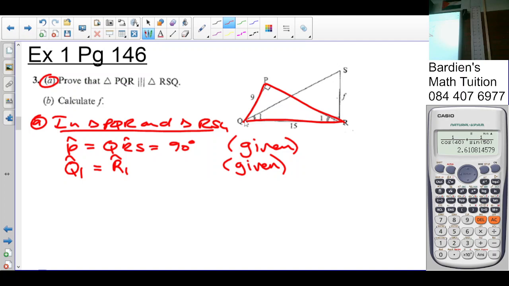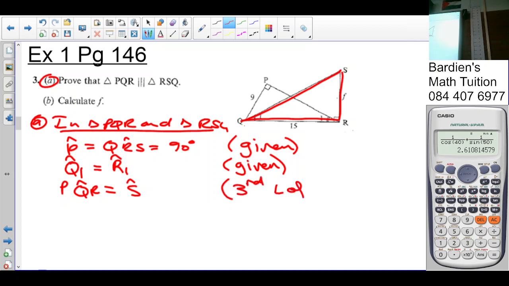No. It's going to be angle PQR is equal to, in the other triangle, I've accounted for Q1, I spoke about angle SRQ. So which angle are we still to note? Angle S. So that angle is equal to angle S. And what's my reason here? Third angle of triangle. If 2 angles are equal in a triangle, the third one's automatically equal.